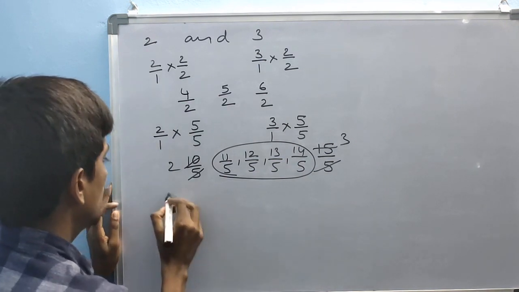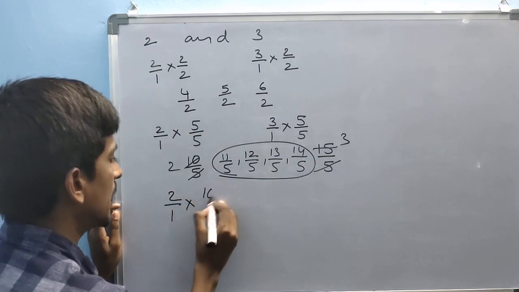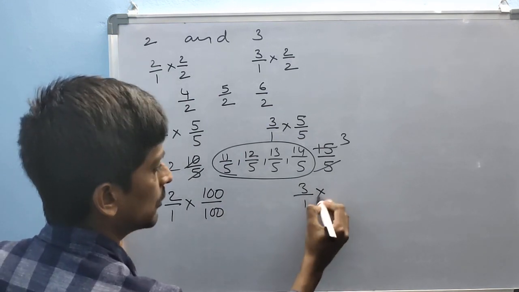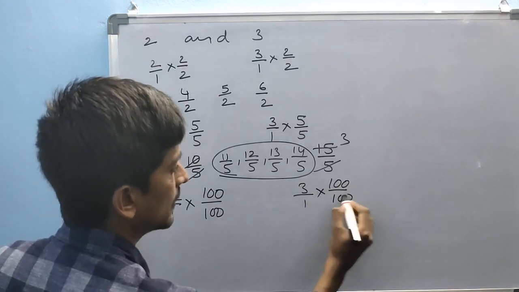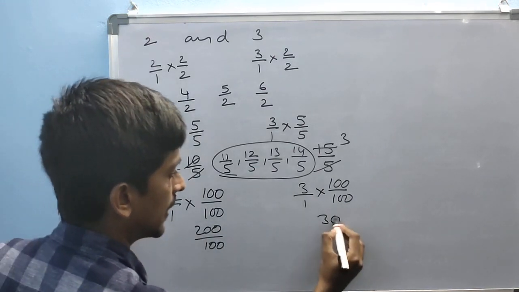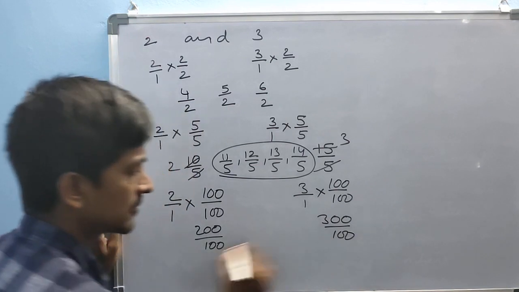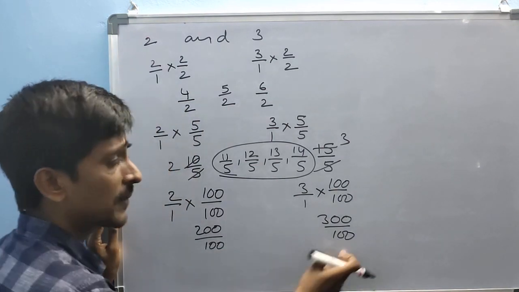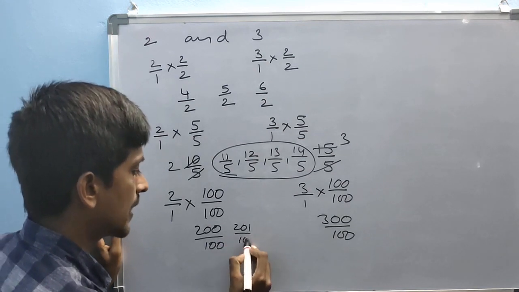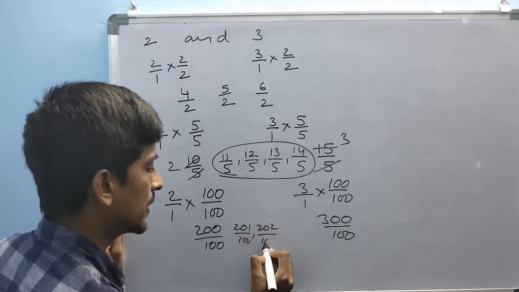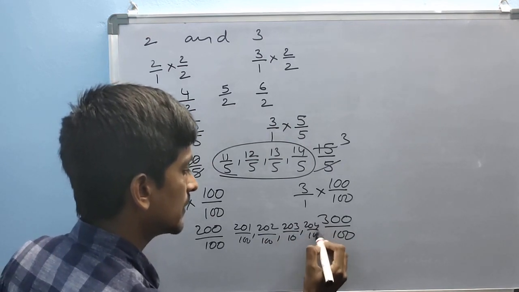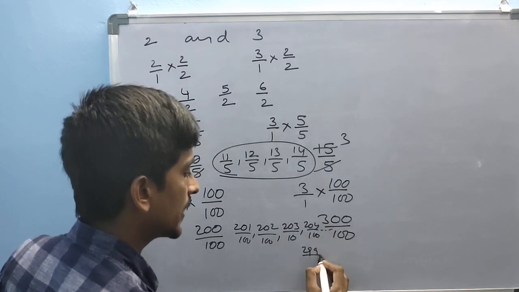Similarly, take 2 by 1 into 100 by 100 and 3 by 1 into 100 by 100. So 200 by 100 and 300 by 100. Here also the denominators are equal, like fractions. So 201 by 100, 202 by 100, 203 by 100, 204 by 100, and so on, up to 298 by 100, 299 by 100.